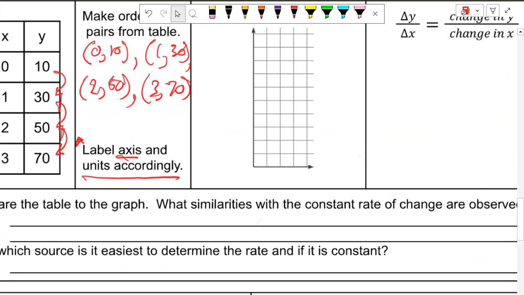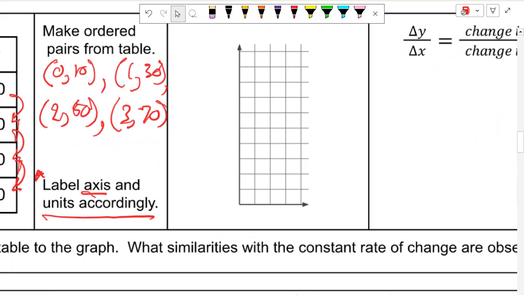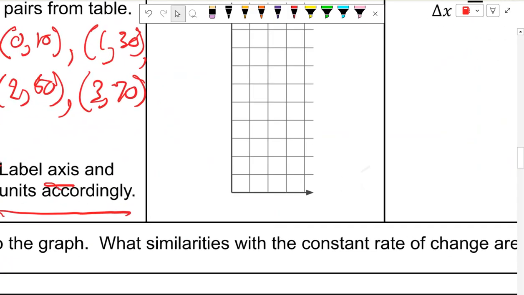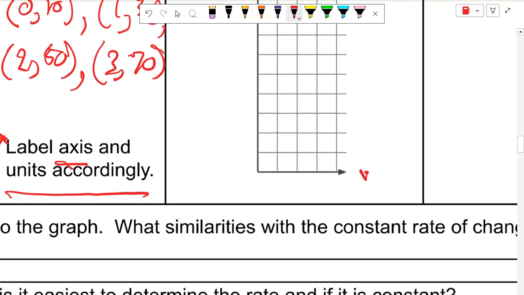So here is your graph. And looks to me, since we have a 0, 1, 2, and 3 with our x coordinates, we can carefully label our axes x and label it as 1, 2, 3, and 4. And that will work out just fine for the coordinates that we have.